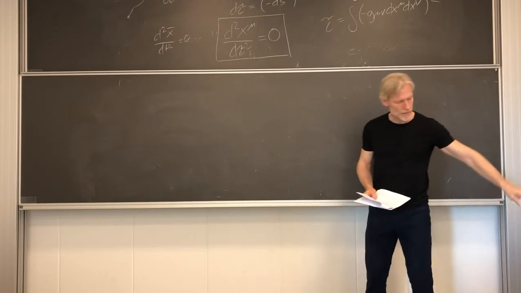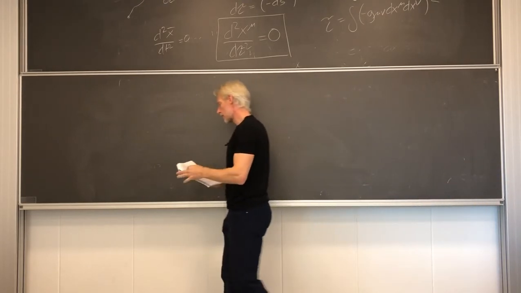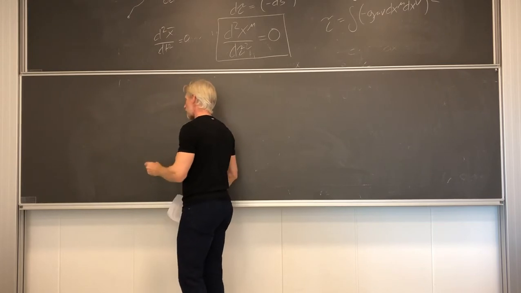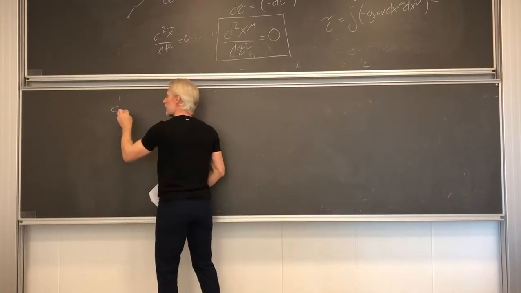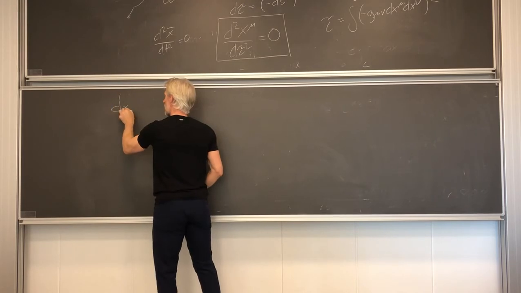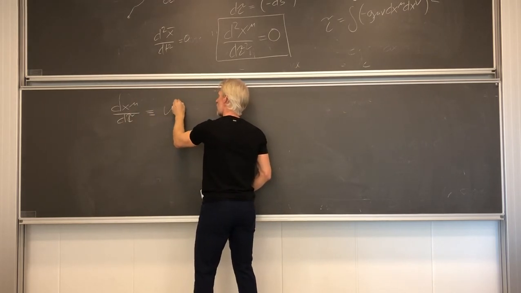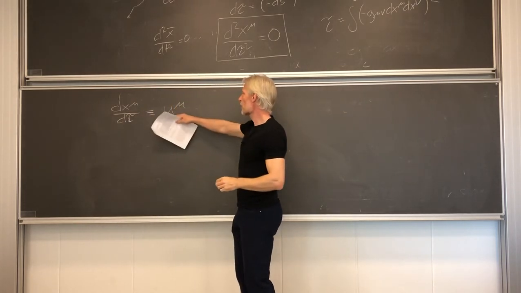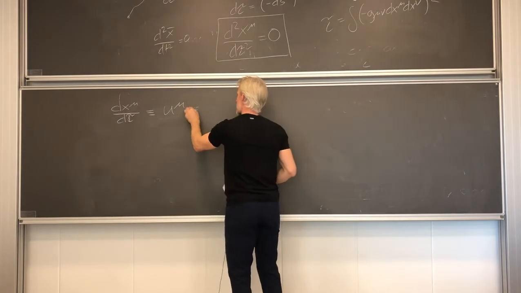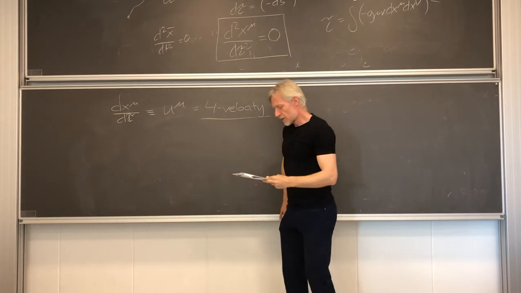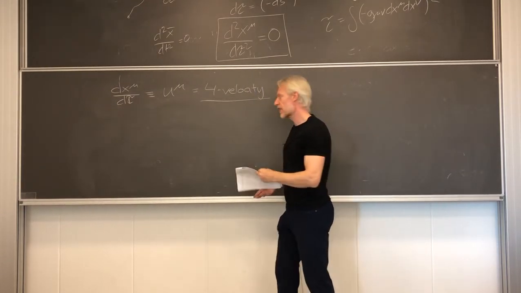So you can see here that, for example, let's just make a definition and say that this quantity I call u mu, so that's the 4 velocity. And I can write that out in component language.